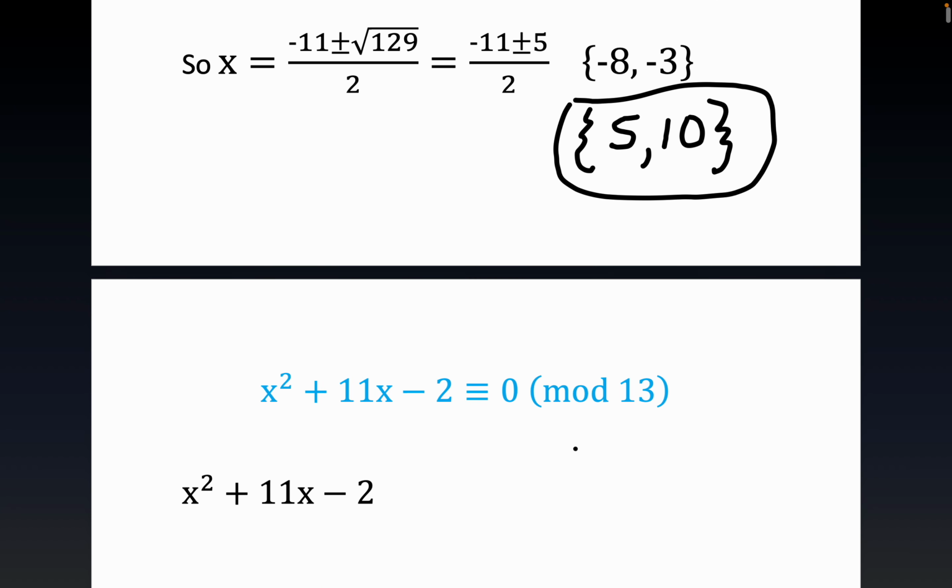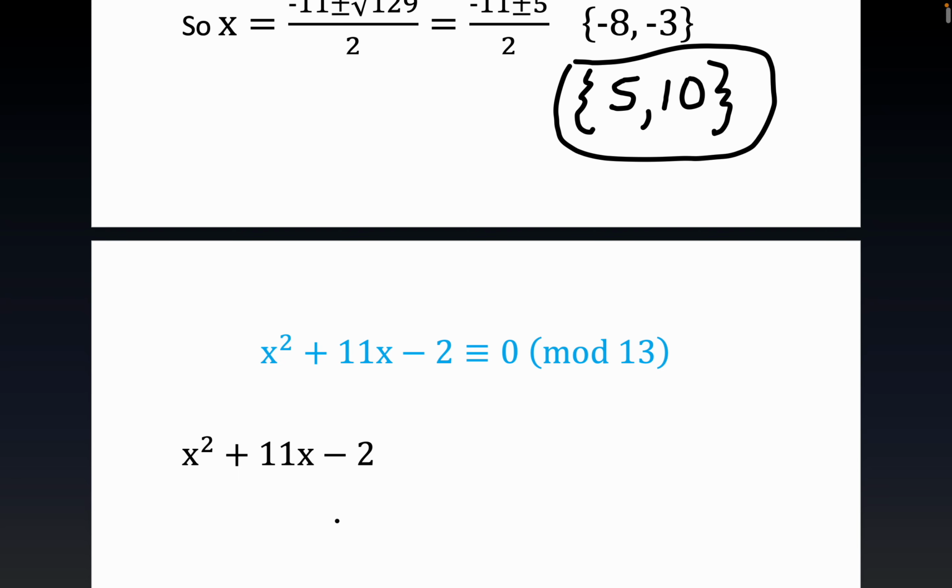And let's check here. So here's the original problem, right? So right here, for x equals 5, that would give you 25. Again, folks, I'm doing x equals 5 here. X equals 5 right up here would give you 25 plus 55, minus 2.